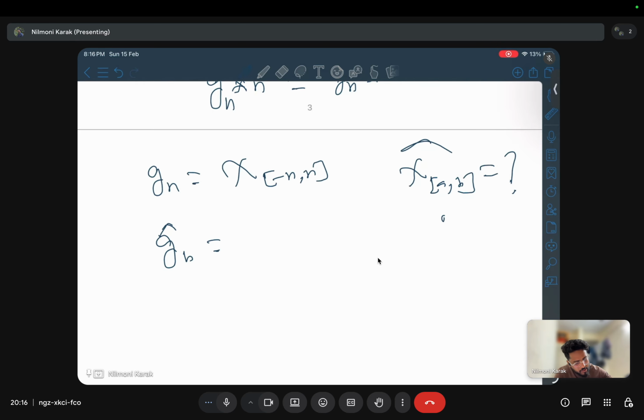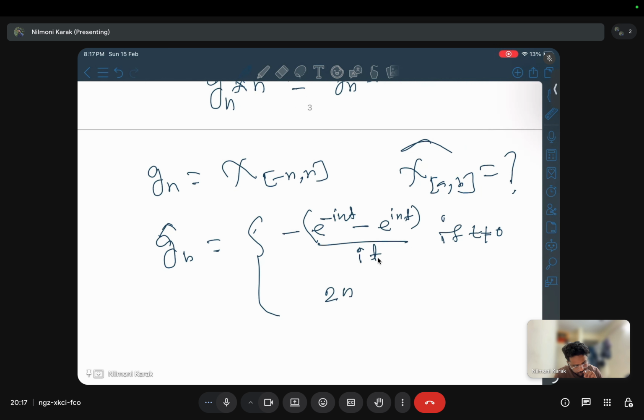So this is basically minus e to the power minus int minus e to the power int by it if t not equals to 0, and 2n if t equals to 0.